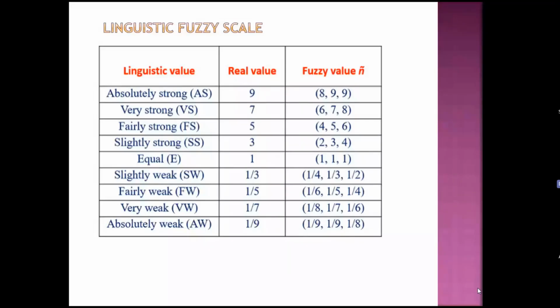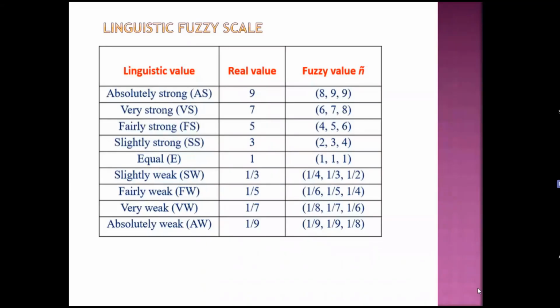But if we say 1 by 3, then this factor is 3 times less important than the other factor which we are performing pairwise comparison with. In fairly weak 1 by 5, and very weak 1 by 7, and absolutely weak we can see it is 1 by 9 instead of the direct value 9.